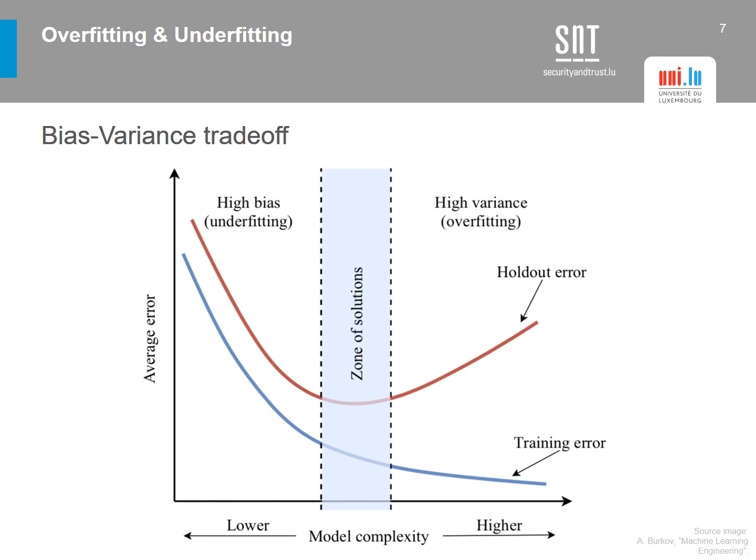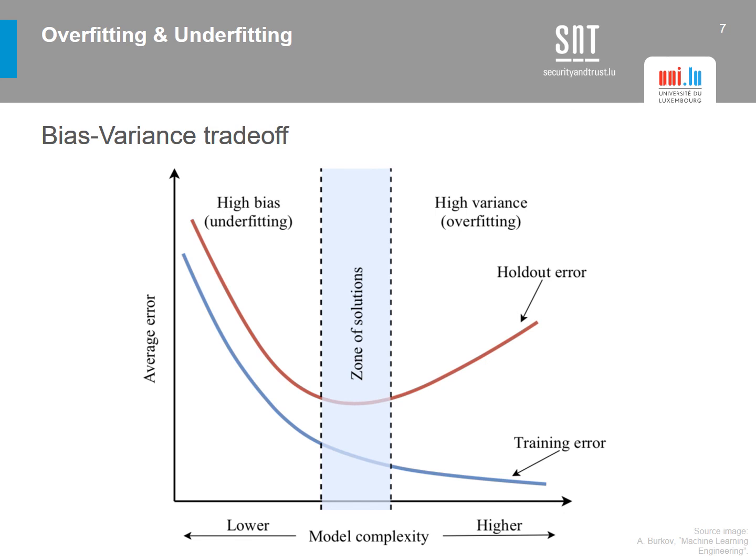If we observe the right hand side, we have a lot of complexity, and the model is introduced to some complexities, and it starts to remember all the training examples. Hence, we see a very different error rate between the one computed on the training set and the holdout set. This is really an indication of overfitting.